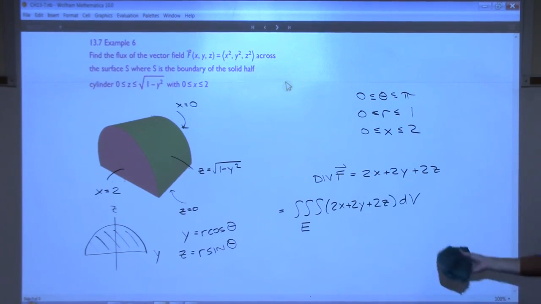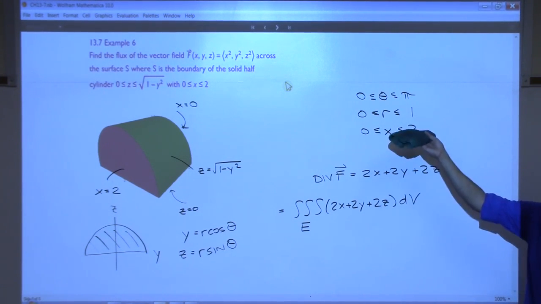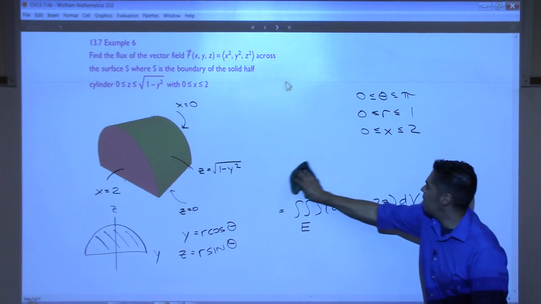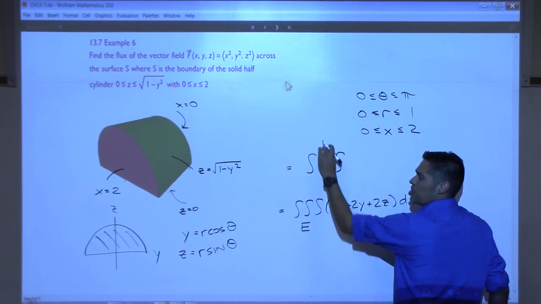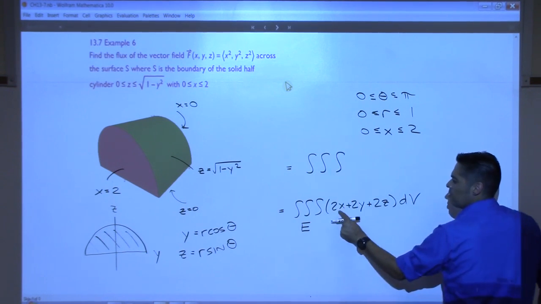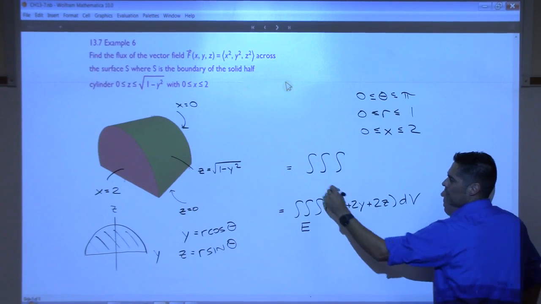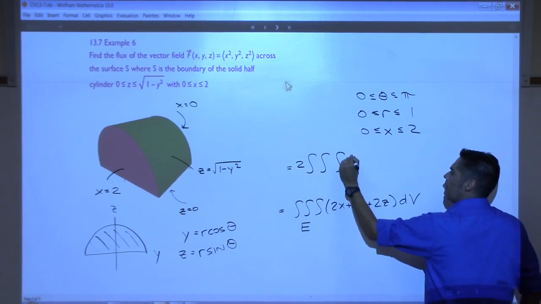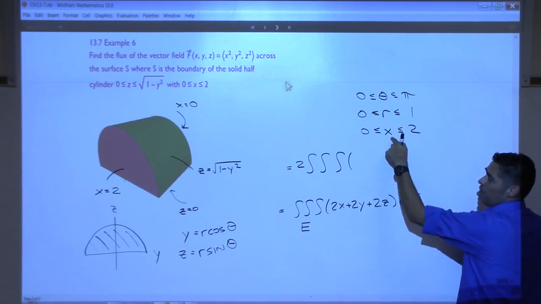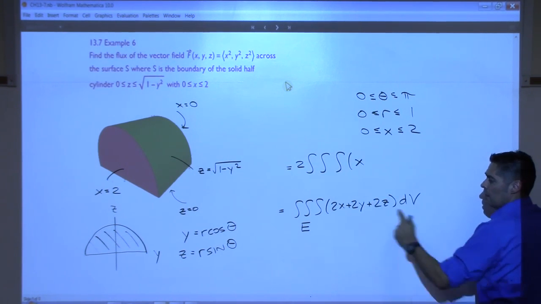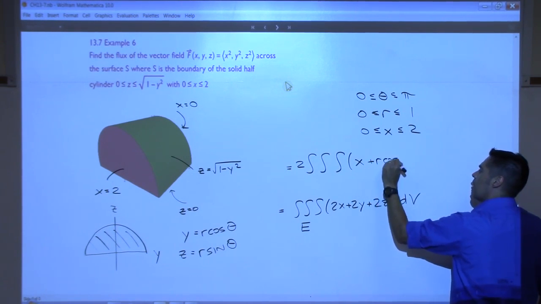All right. So I'm just going to rewrite this triple integral with those variables. I'm going to put my limits of integration on here in just a second. 2 times x is just, well, can I pull a 2 out of everything? Okay, 2. x by itself is one of our variables, so just x. The y by itself, what was y? r cosine theta.